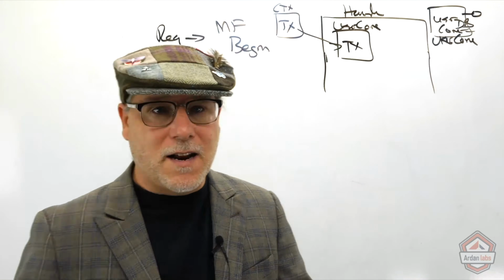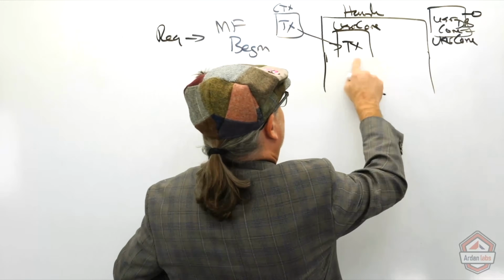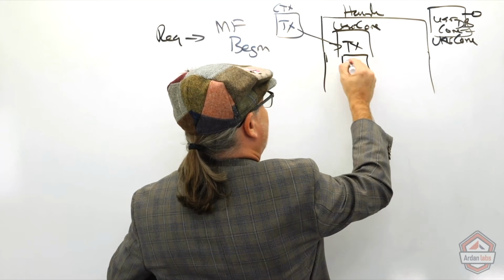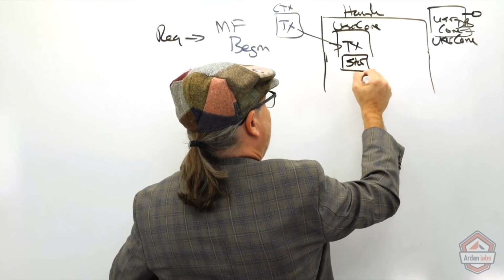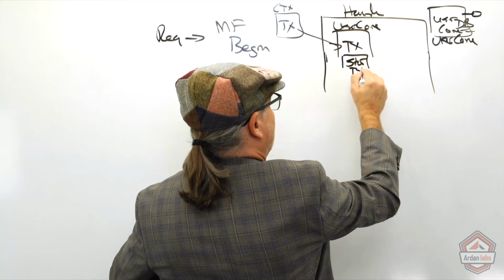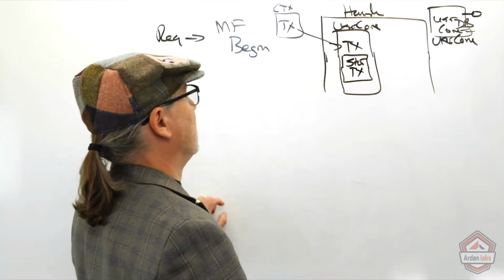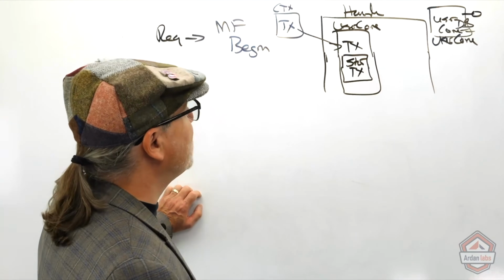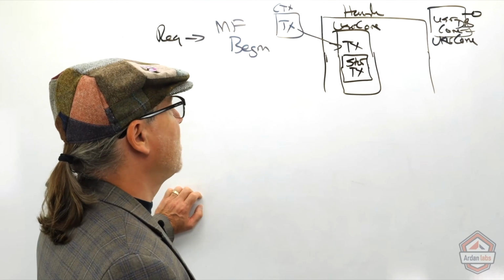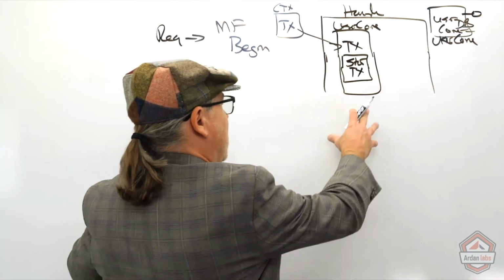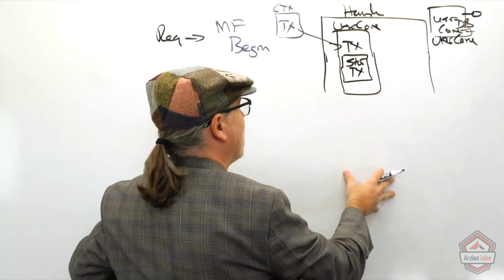But that's not enough because the user core has a store and it has to be changed out to also use the TX. And now we have to make sure that we use this new user core on all the calls.